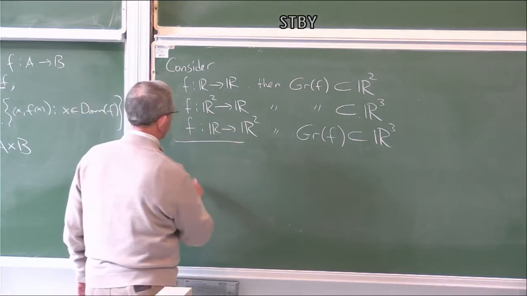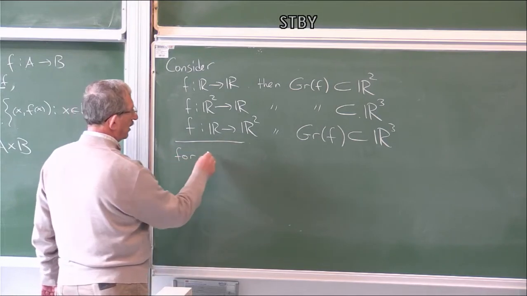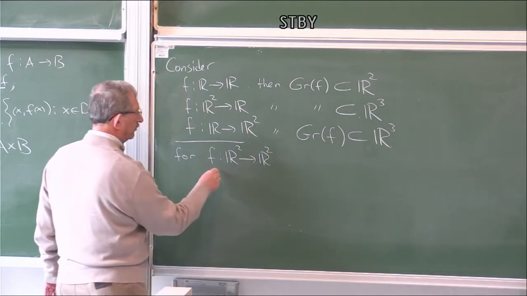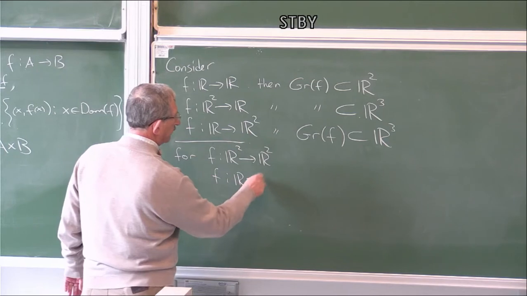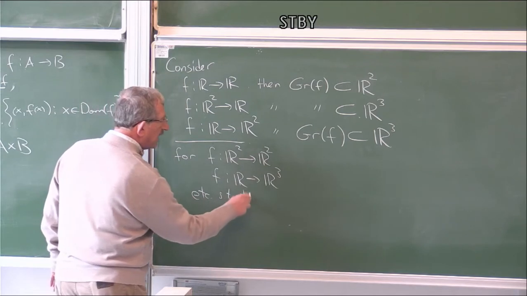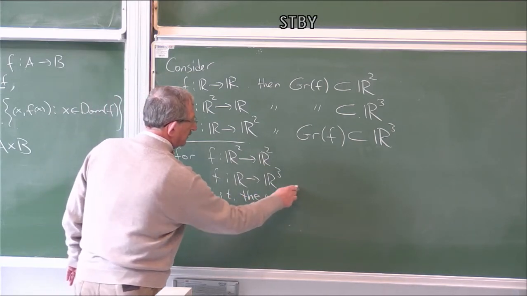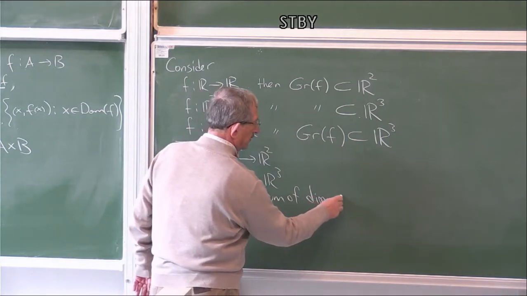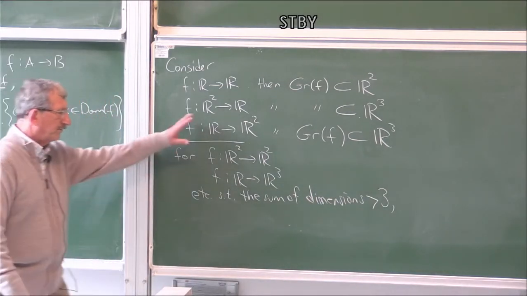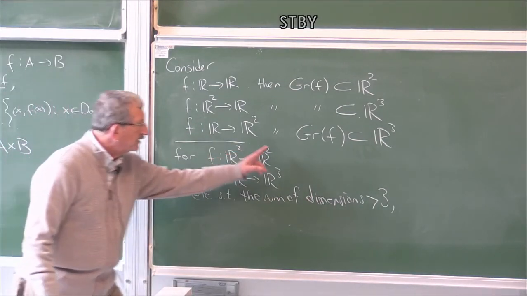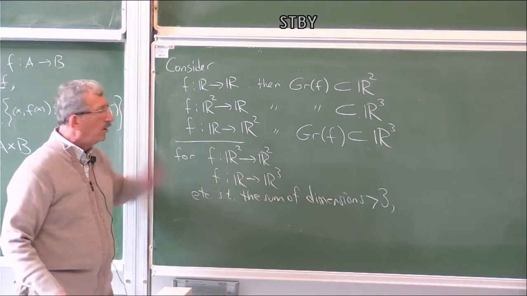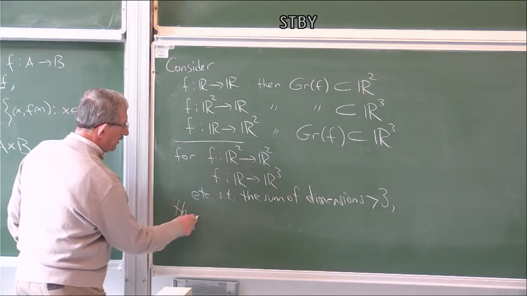And clearly, for f defined on R2 into R3, or R2, or from R into R3, etc., such that the sum of dimensions is bigger than 3, or in general if the dimensions add to something bigger than 3, could be 4 or more, then we cannot sketch them.